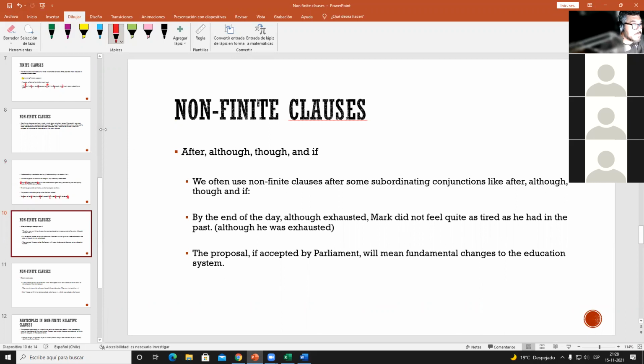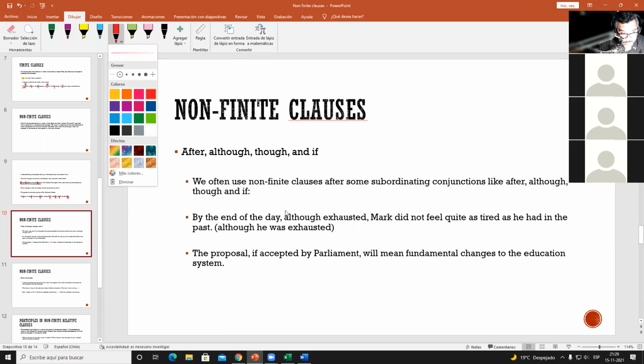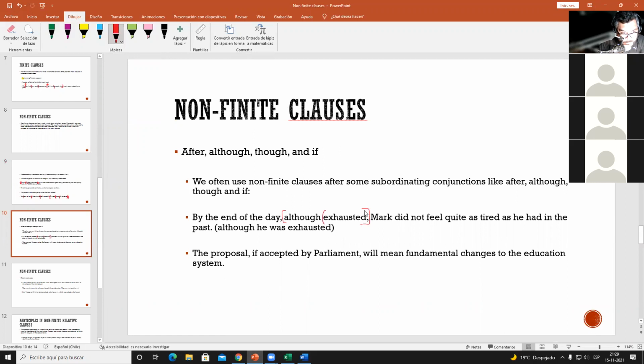We're talking about the presence of the subordinating conjunction although, and then what you have is a dependent clause made out of one single verb phrase, exhausted. Therefore, although exhausted, this is a dependent clause. By the end, although exhausted, I can move it. This is an adverbial clause, acting as an adverbial. And inside of that, you have the verb phrase, verb, and inside of that, you have the ing clause.